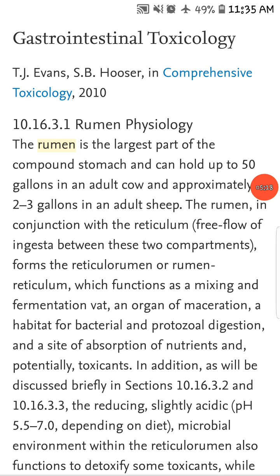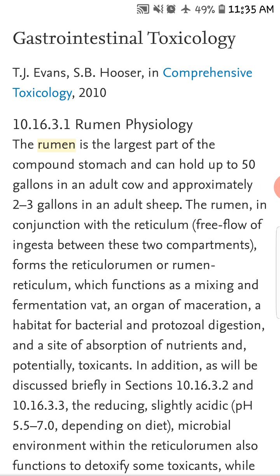And then gastrointestinal toxicology, ruminant physiology. The rumen is the largest part of the compound stomach, about 50 gallons or 80 liters in cattle, and 2-3 gallons in adult sheep.